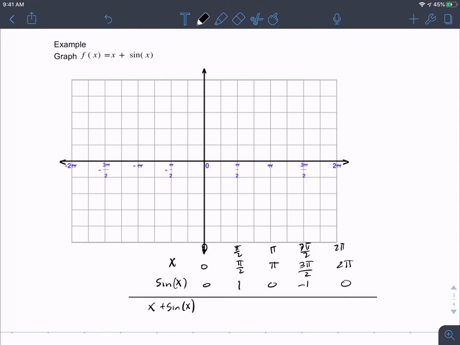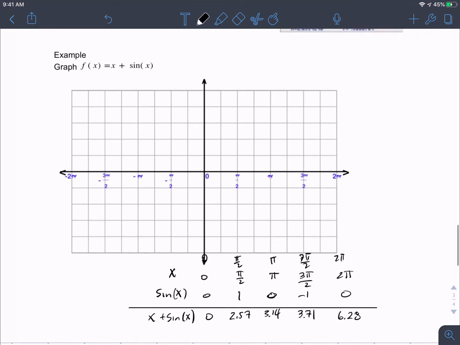So 0 plus 0 is 0. 1 plus pi over 2, when we use a calculator, is 2.57. 0 plus pi is going to give us 3.14. And then 3 pi over 2 minus 1 is going to give us 3.71. And then 2 pi plus 0 is 2 pi, and that's the same as 6.28.